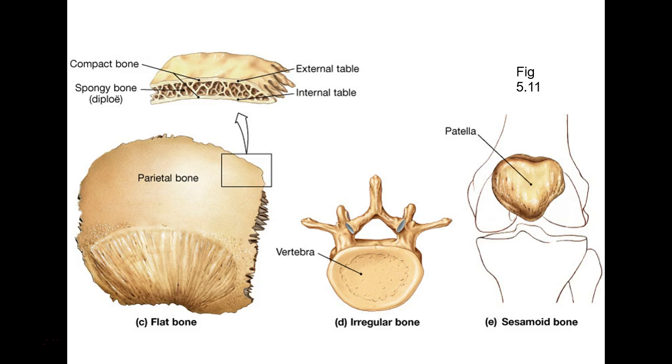Flat bones of the skull, store this in your brain for later, use intramembranous ossification. These were never cartilage. Basically, the stem cells just became osteoblasts and it developed from there. There was no cartilage step involved. Notice you have compact bone on the outside and spongy bone on the inside, just like normal. The parietal bone, frontal bone, and occipital bone are flat bones of the skull.